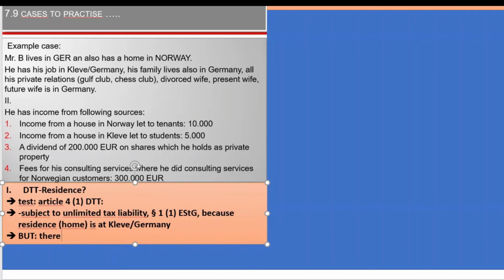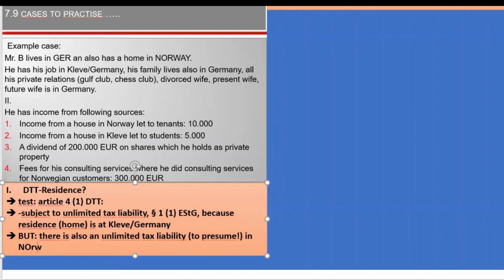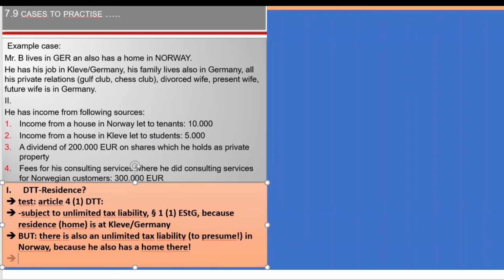But there is also unlimited tax liability, at least to presume, in Norway, because he also has a home there. So that means no clear decision on residence under Article 4.1, and that means we will have to go on now.